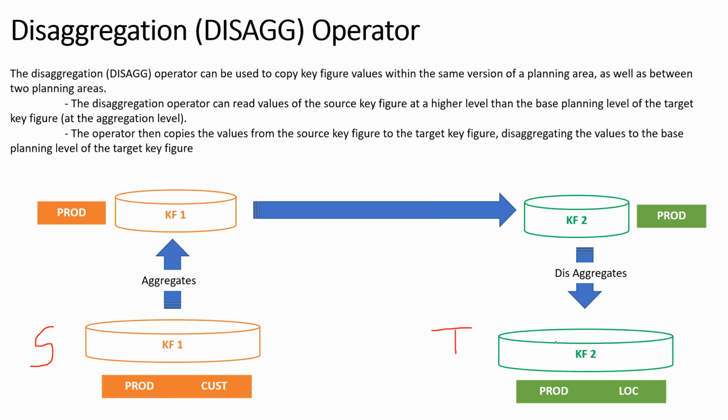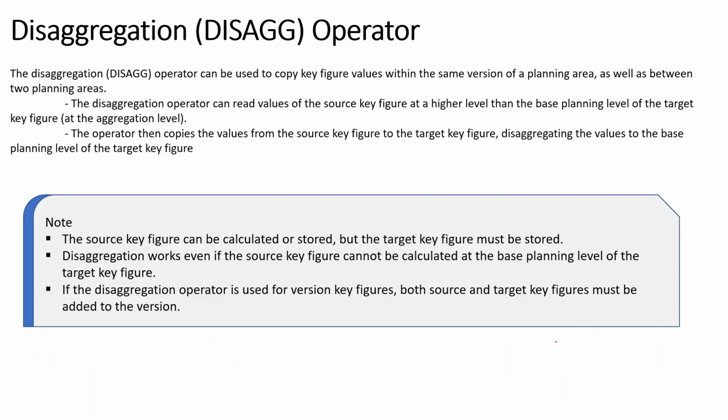If I use the copy operator, it will fail. Why? Because the base planning level of the target key figure is product location, and the source key figure doesn't have a calculation methodology to calculate its values at product location, which is the base planning level of the target key figure. So that's why we cannot use the copy operator for that requirement.